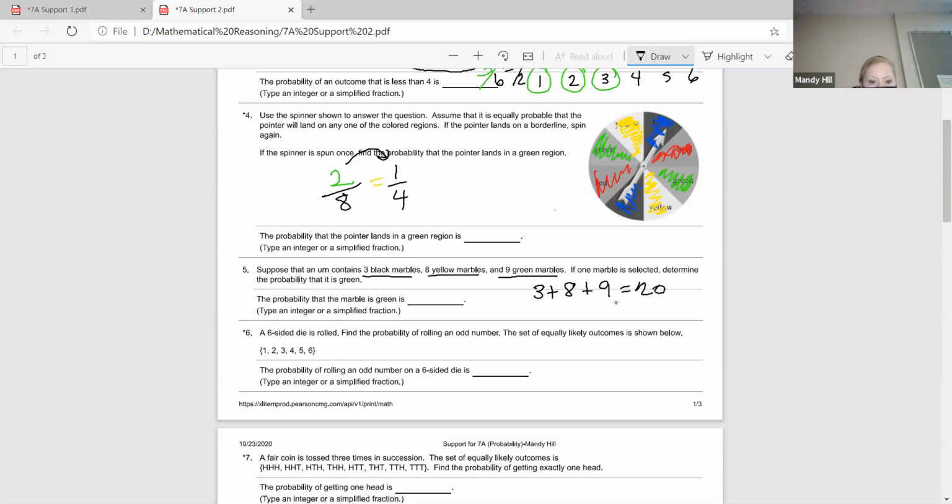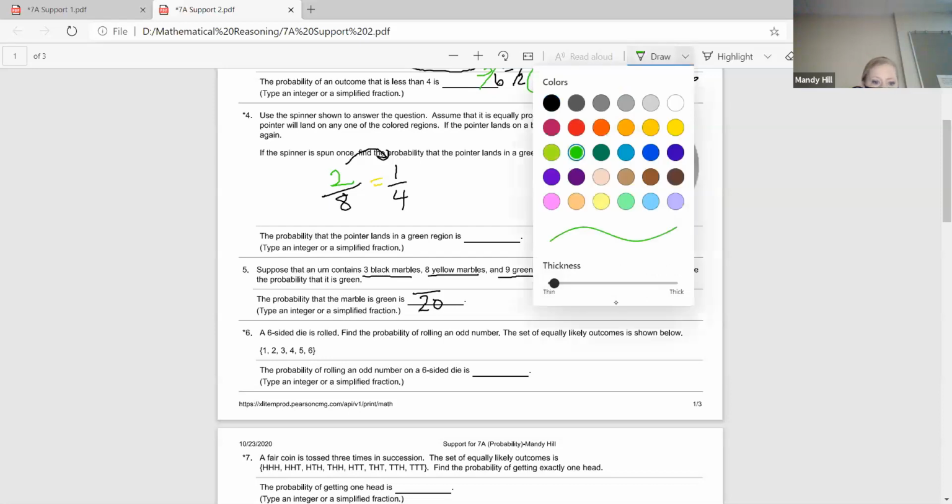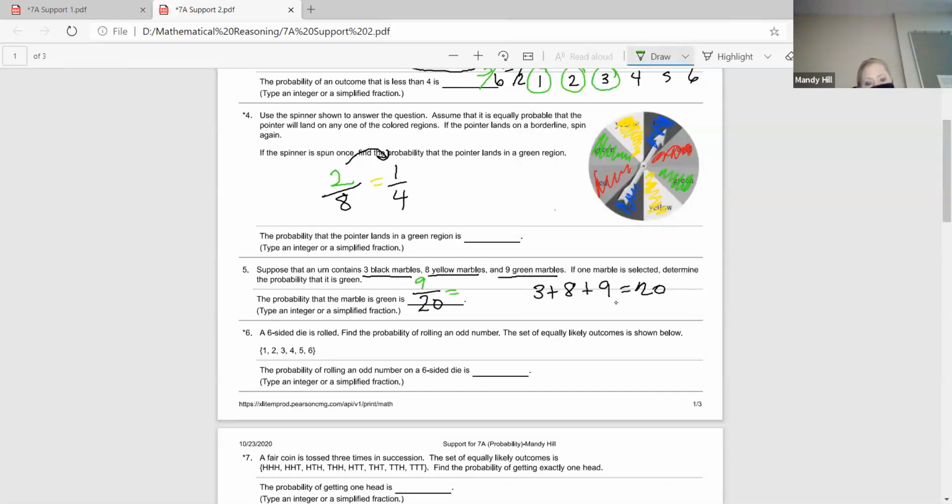We've got 20 total marbles, so our fraction is going to be out of 20. They want to know the probability that it's green, and there are 9 green marbles, so 9 out of 20 are green. There's nothing that will go into 9 that'll also go into 20, so you're done. It doesn't reduce any more than that.